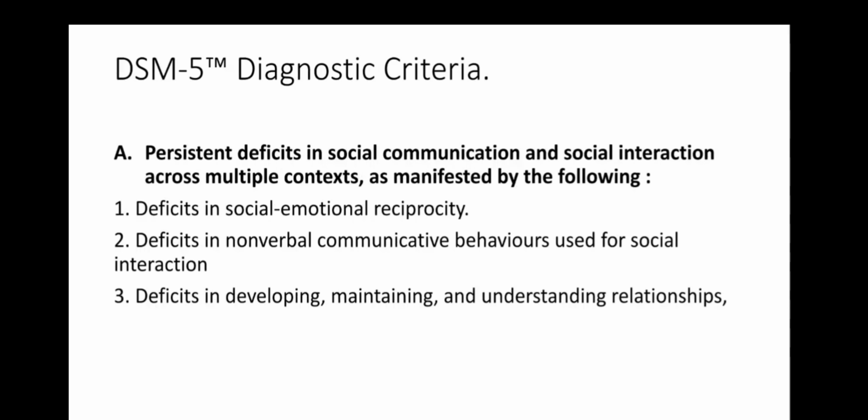For example, from poorly integrated verbal and nonverbal communication to abnormalities in eye contact and body language, or deficits in understanding and use of gestures. 3. Deficits in developing, maintaining, and understanding relationships. For example, from difficulties in adjusting behavior to suit various social contexts, to difficulties in sharing imaginative play or in making friends.